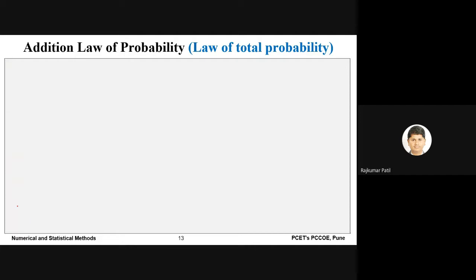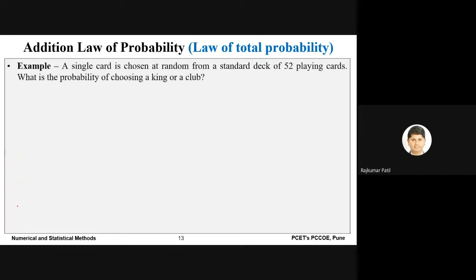We will take one more example, and this is a typical example of non-mutually exclusive events. A single card is chosen at random from a standard deck of 52 playing cards. So we know that a deck consists of 52 cards. What is the probability of choosing a king or a club?